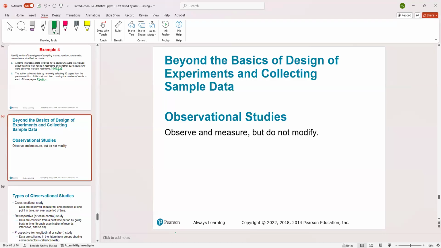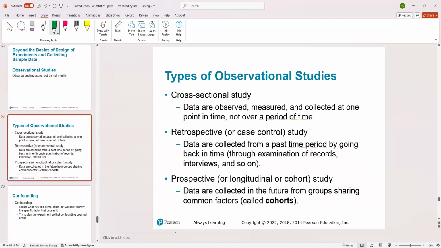Remember, an observational study observes and measures, but does not modify. You really need to pay attention to observations. So, when are the observations made? You can either review data collected in a past period of time, or at one point in time, or we can go forward in time. So there are different types of studies we can do.